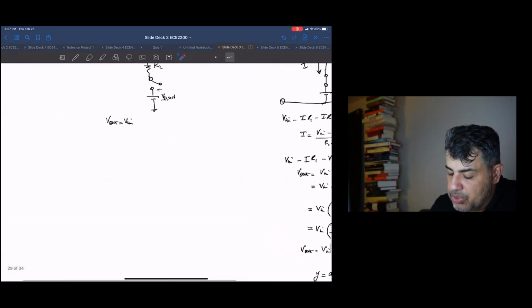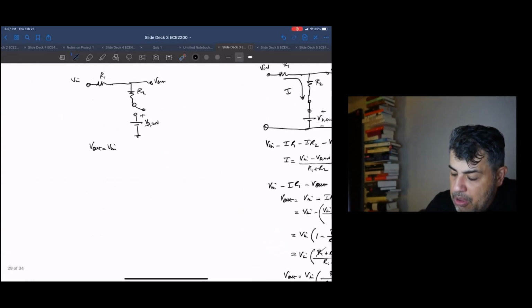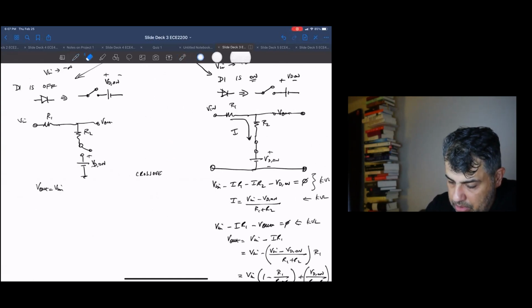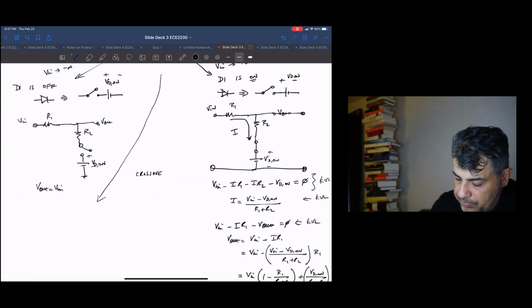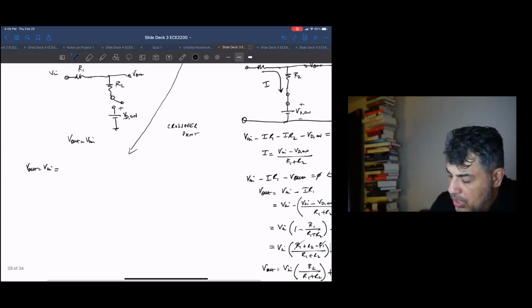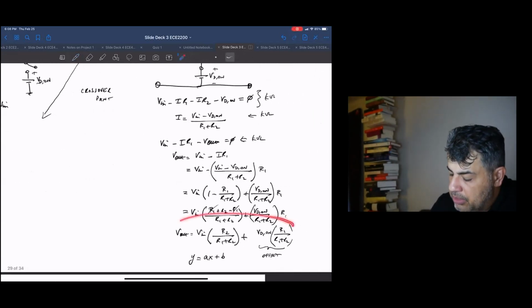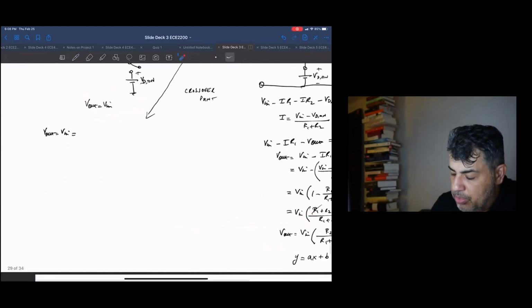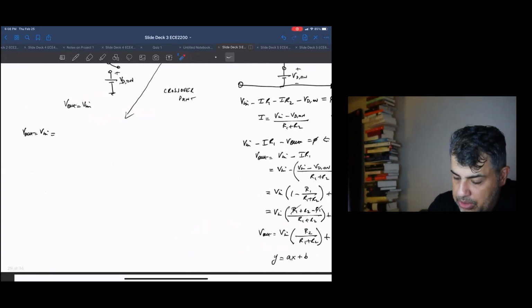We've got an offset. So let's look at the crossover point. Draw this longer. So here we have V out is equal to Vn, equal to, I'm going to just rewrite this guy.